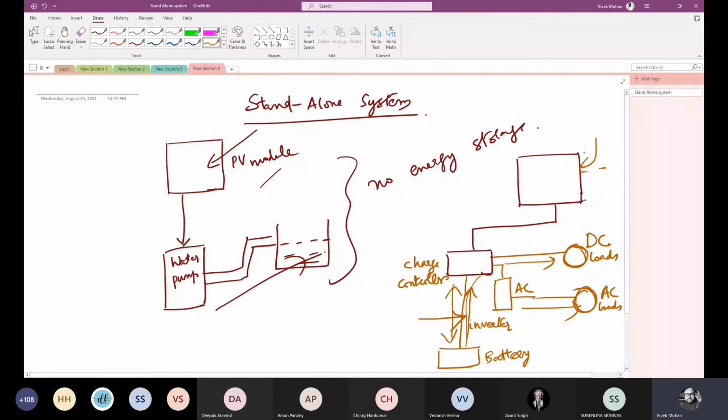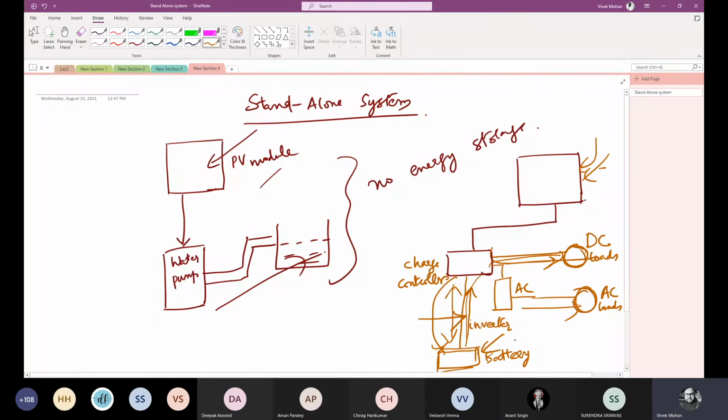If the battery state of charge is low, then a part can be used to charge the battery, a part can be used to feed the loads, because we don't have a grid connection here. So the battery size should be accordingly planned or designed.